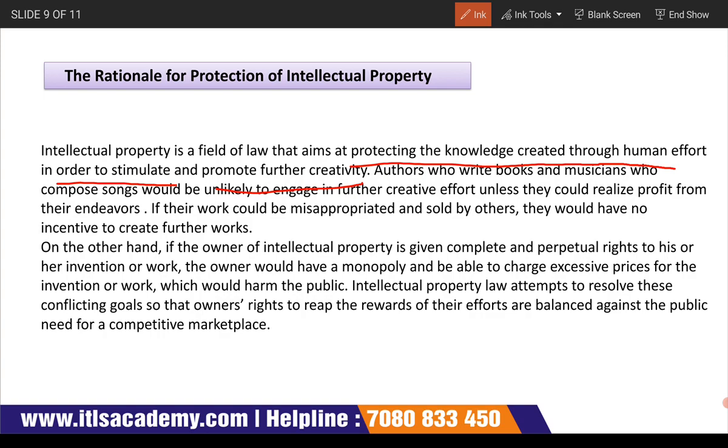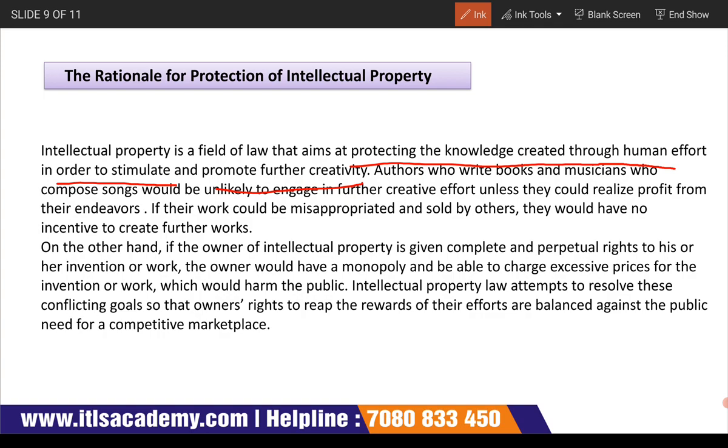If you give a total right to that inventor, they can misuse it and make excessive money, which is also wrong. And if you don't give the right to that inventor, then you are not giving money to that inventor or rewarding his or her work.